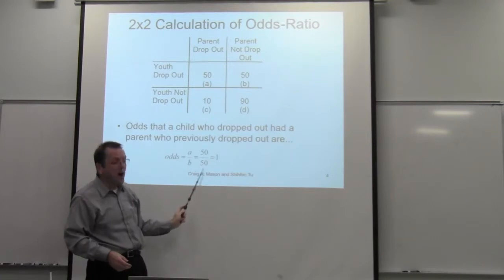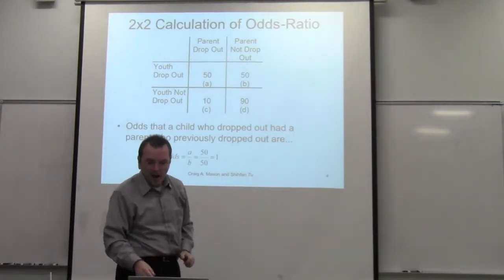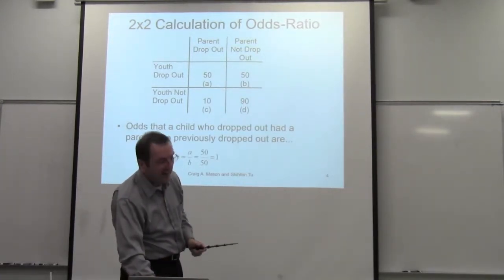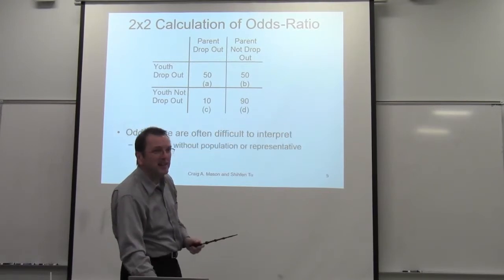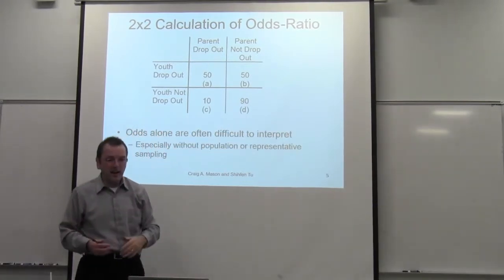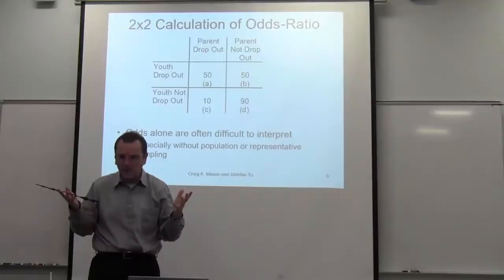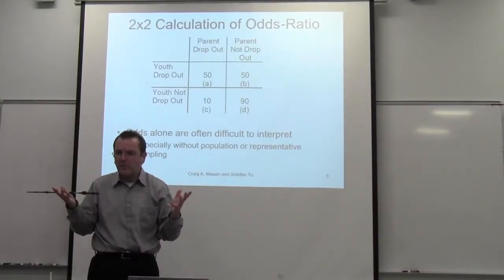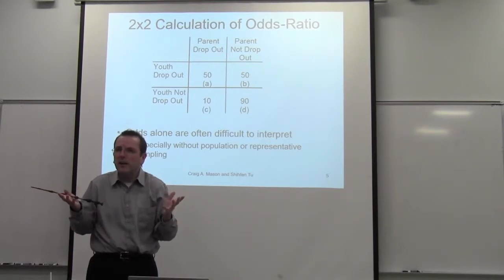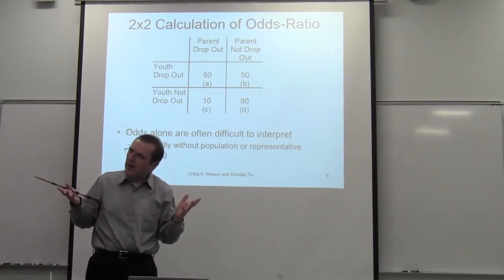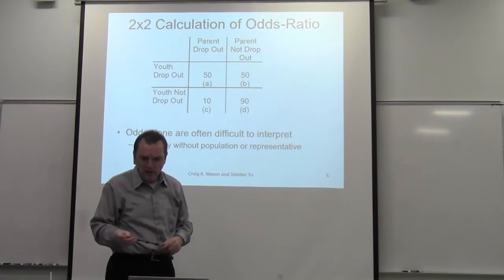Okay, so that's odds. Now, odds alone are difficult to interpret. What does it mean that the odds are 1? Is that a big deal? That if a student drops out, the odds that their parents dropped out are 1? Hard to say whether that is big or not. It's hard to interpret odds on their own.